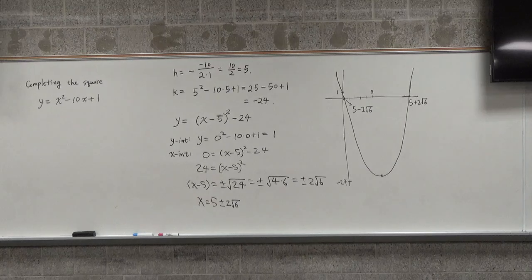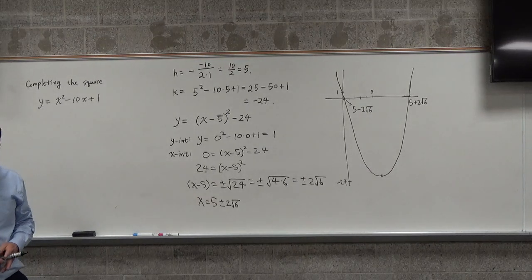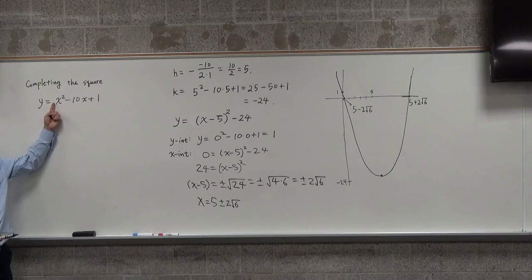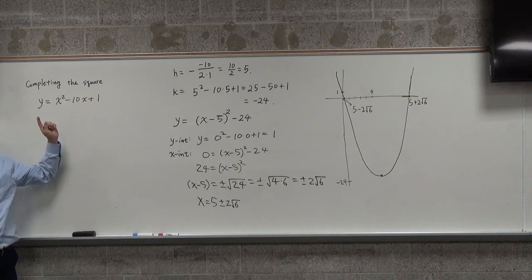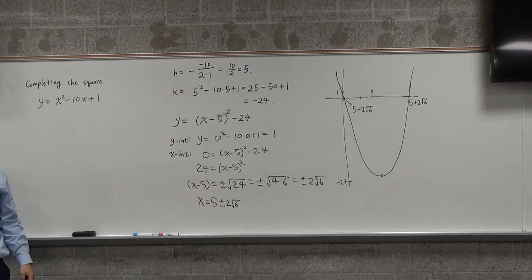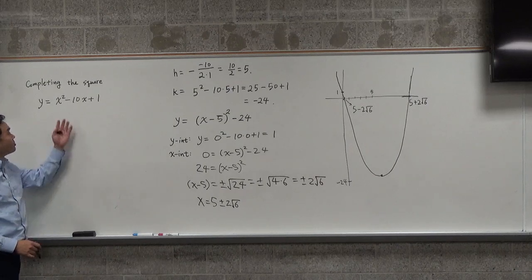So I don't want to touch that. That's not required for you to know, at least for this class. I only want everyone to know the simplest case where the x squared has coefficient 1 and the coefficient in front of x is an even number. Okay? You don't have to worry about the odd case. That's harder.